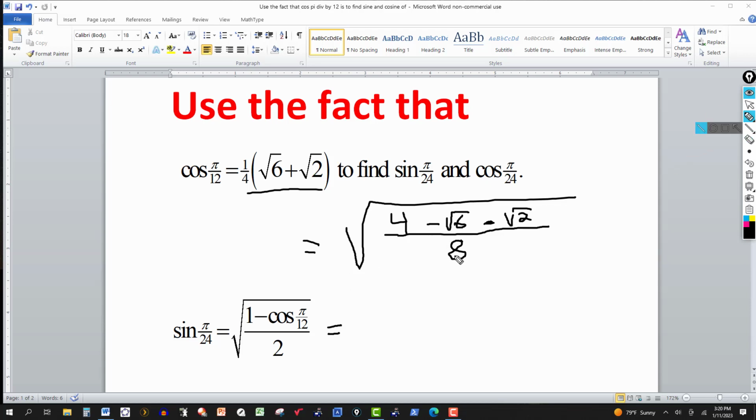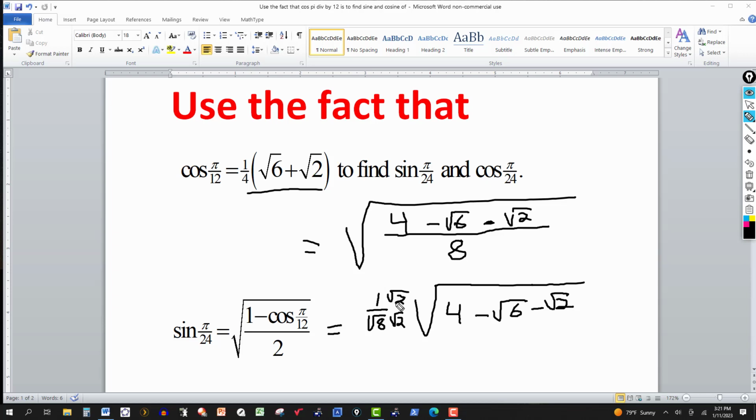So I'm going to rewrite it and bring this out over here. This will be 1 over the square root of 8, and that leaves me on top with 4 minus the square root of 6 minus the square root of 2. Then I'll multiply by the square root of 2 outside. All I'm doing here is simplifying or rationalizing. This gives me the square root of 2 on top, and in the denominator the square root of 2 times the square root of 8, which is the square root of 16, so that'll be 4.